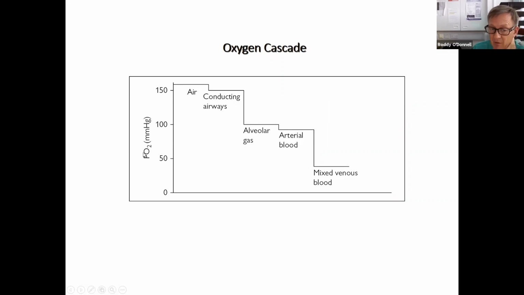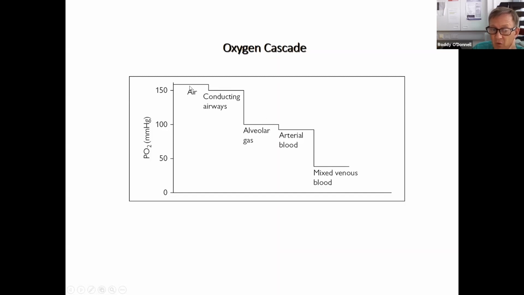Even taking that into account, in normal situations, there is, as you know, a drop-off in the PO2 in different parts of the circulation. So remember, we were talking about air, which is dry, conducting airways, which may well have a bit of carbon dioxide in them, falling into alveolar gas, by which stage there's also been humidification. So there's water in this alveolar gas that's taking up some of the space.